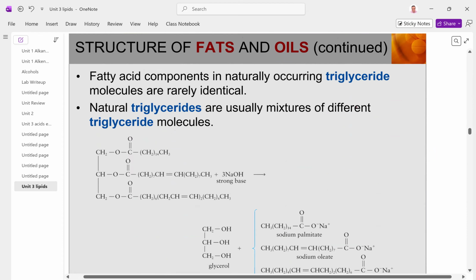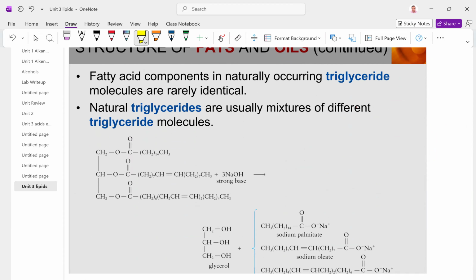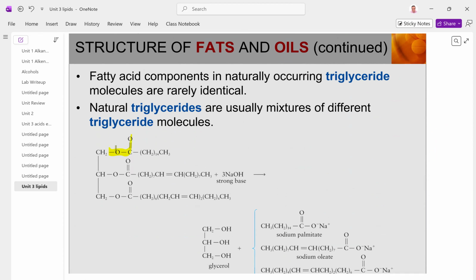Okay, so this is what's going on here. Here is the ester right here. And because it's a triglyceride, there are 3 esters.